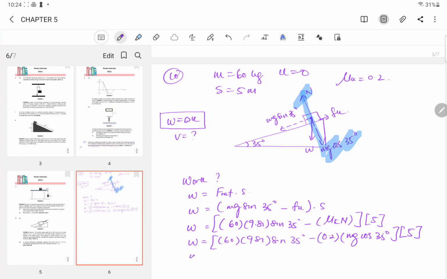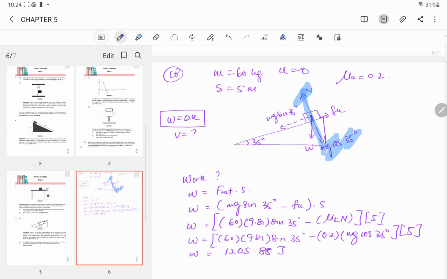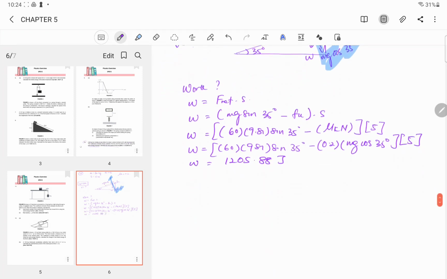Then you calculate, and your work done is 1205.88 joules. So now we have our work done.